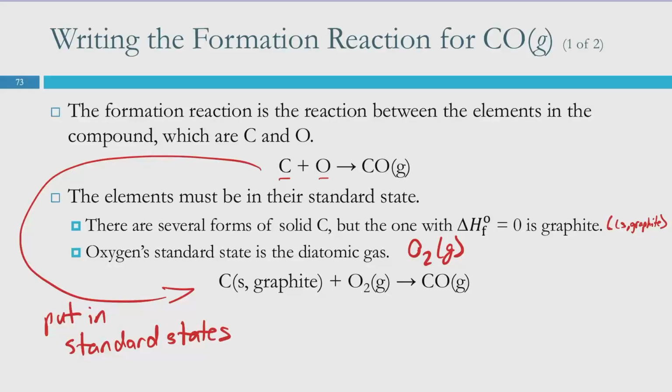And then we also have to make sure that it's balanced, because currently we've got 1 carbon on both sides. That's good. We've got 2 oxygens on the left side, 1 oxygen on the right side. That is not good. Normally what we would do is increase the coefficient for our CO, then increase the coefficient for our C, but the CO must be 1 for the coefficient.